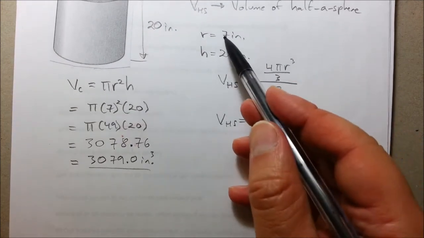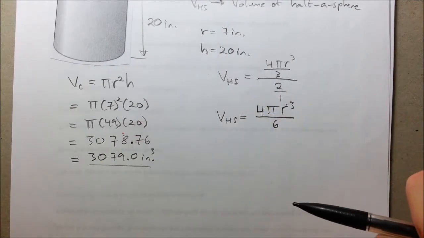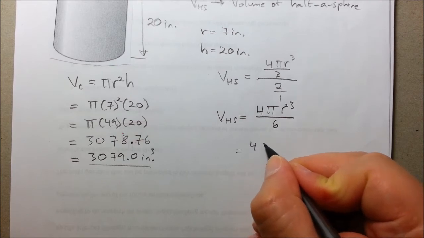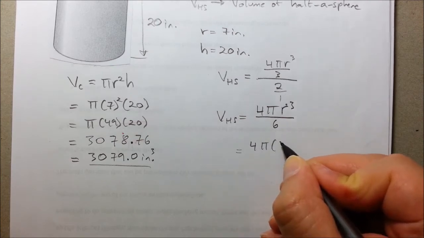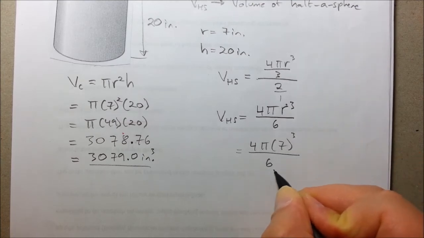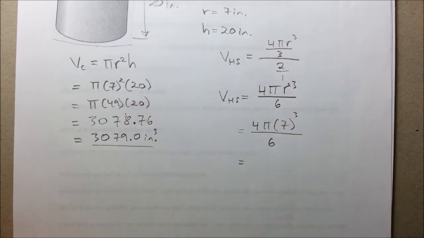And then what happens next? Now we have this information. We have the radius as 7 inches, so all we have to do is apply it. So 4 times pi times 7 to the power of 3 divided by 6. Let's put it in the calculator.